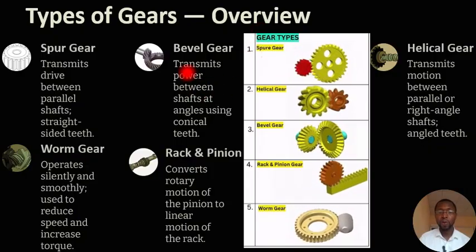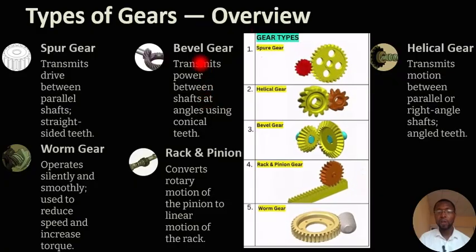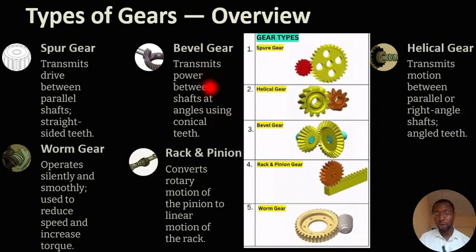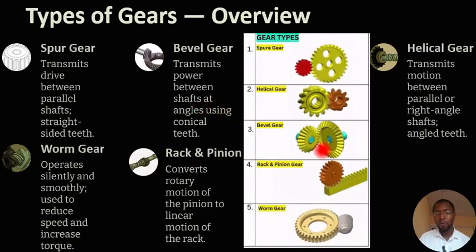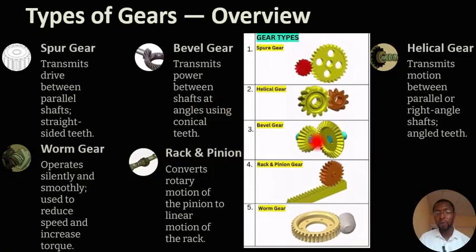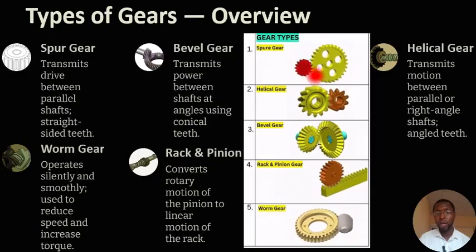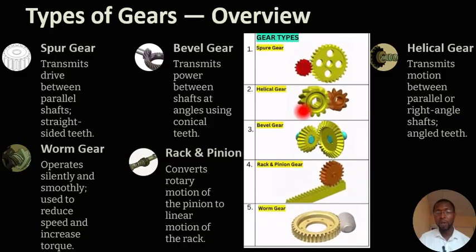Then we go next to the bevel gear. What the bevel gear does is to transmit power between shafts, but in this case in an angular form. So look at the bevel gear here. Consider the two wheels are in an angular position. Whenever you see two gears in an angular position, unlike the ones that are parallel, like the spur gear, then you know that it's called a bevel gear.